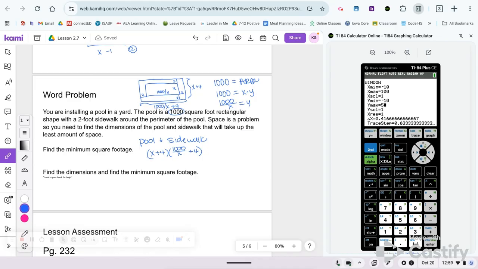And let's go 5,000 on the Y. And it says find the minimum square footage. So second trace minimum. I don't know if that's a true minimum.